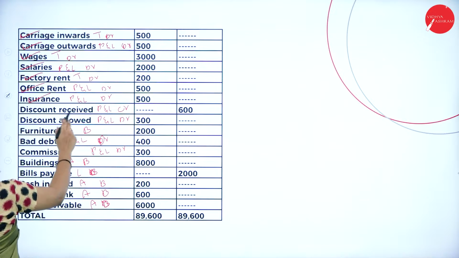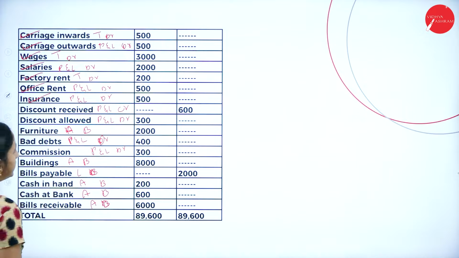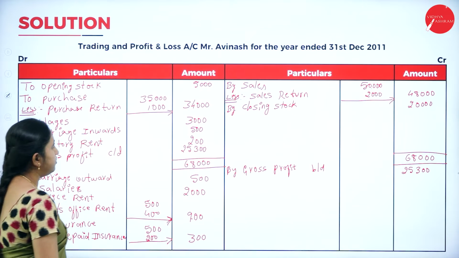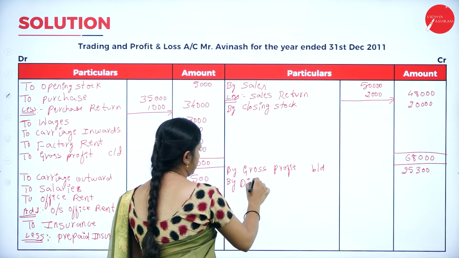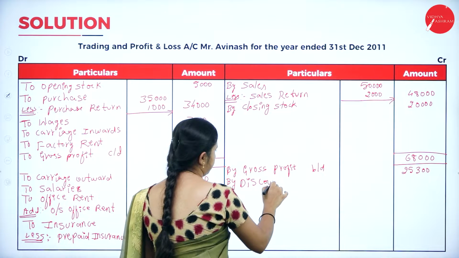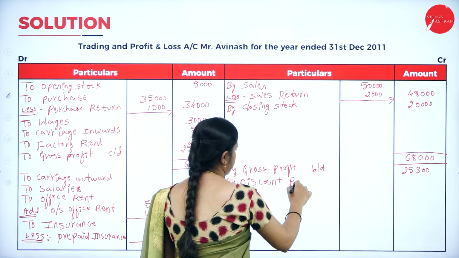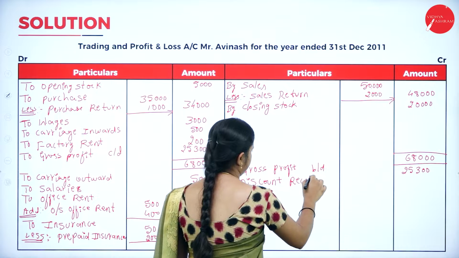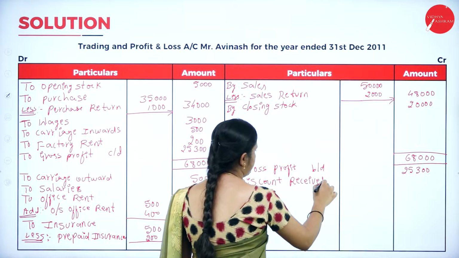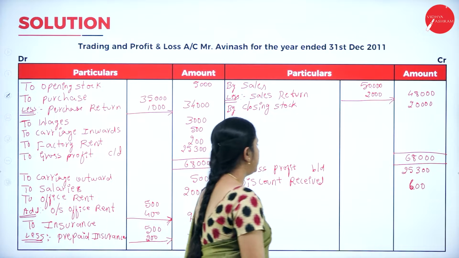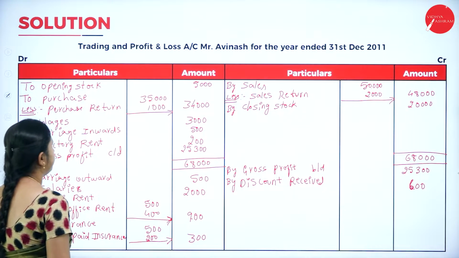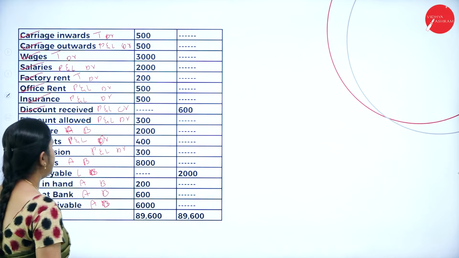Then discount received 600. Discount received is credit side, so write by discount received 600. Then discount allowed 300.